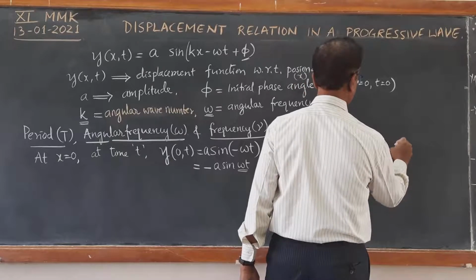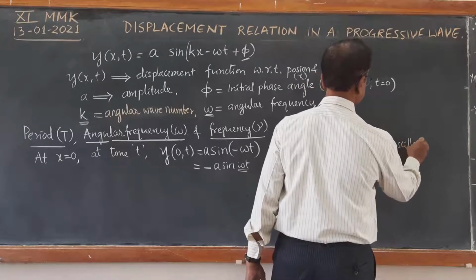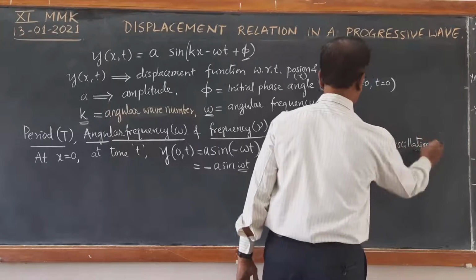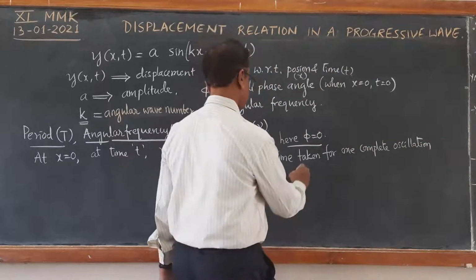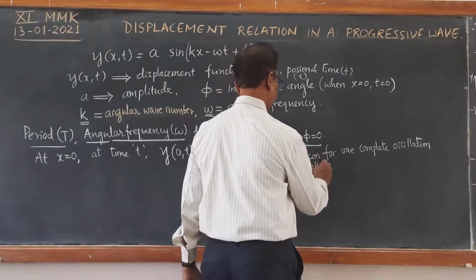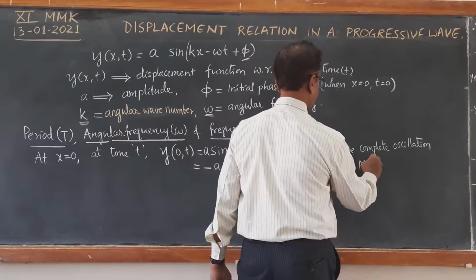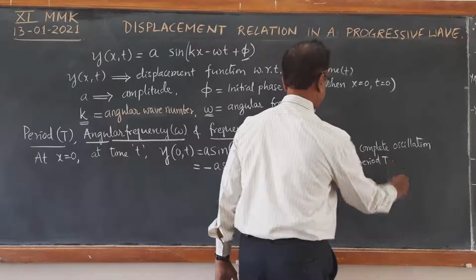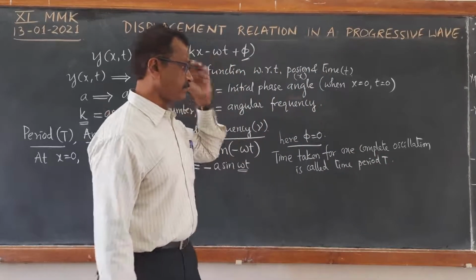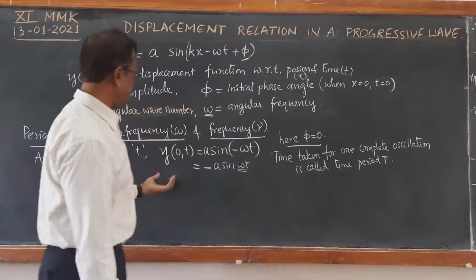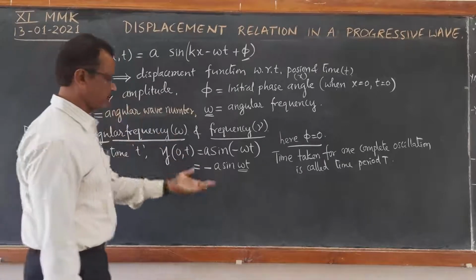Complete cycle or complete oscillation. Time taken for one complete oscillation is called time period T. So after one time period T, the particle will have the same state of vibration. That's what I am going to write here.